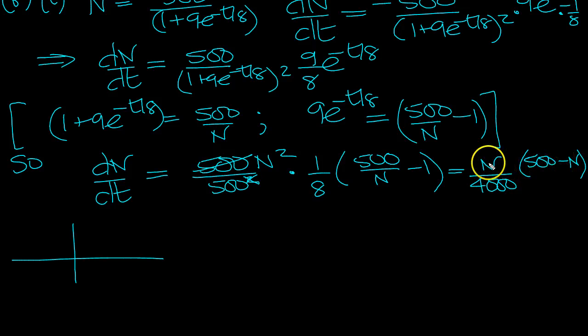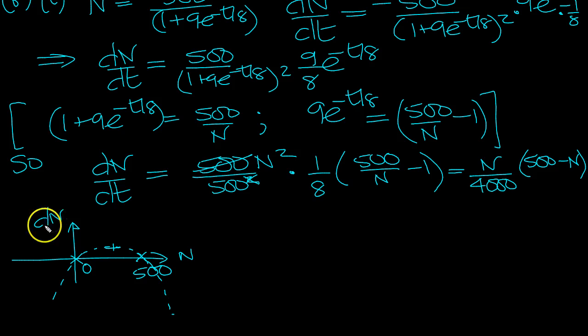It's minus n squared, isn't it, term? So it's going to be an n-shaped curve. The roots are n equals 0 and n equals 500. And we've got dn dt here. This is our curve for dn dt. We can see here, this is the value of dn dt. Okay, so dn dt is positive here.